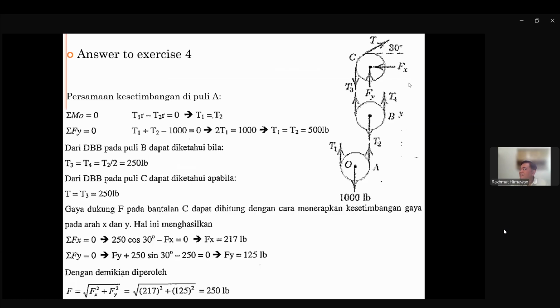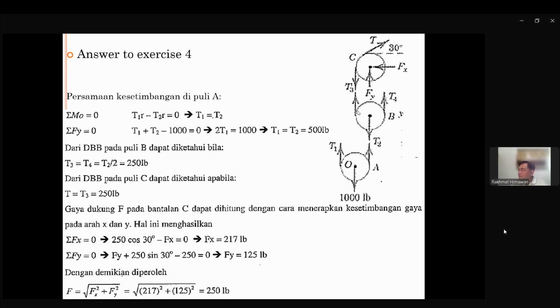Here we have the angle, and T in here is equal to this T1, so let's say T4. And we have this Fx and Fy, or Rx and Ry. That's the reaction.